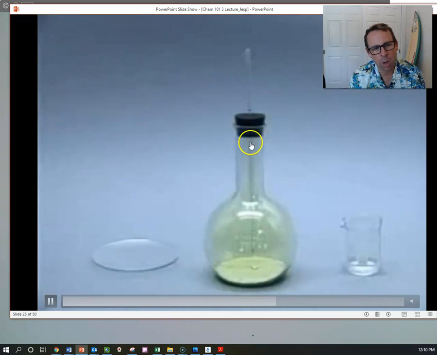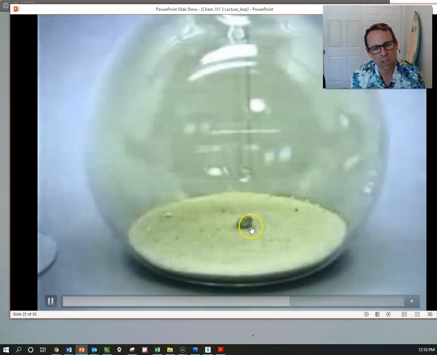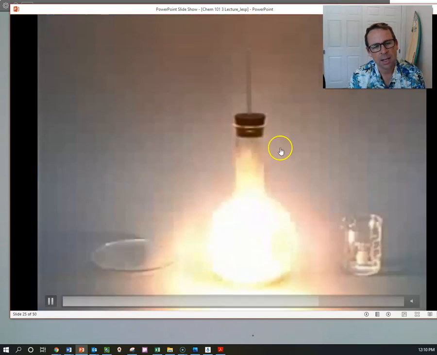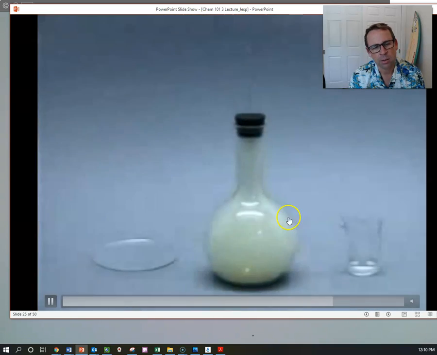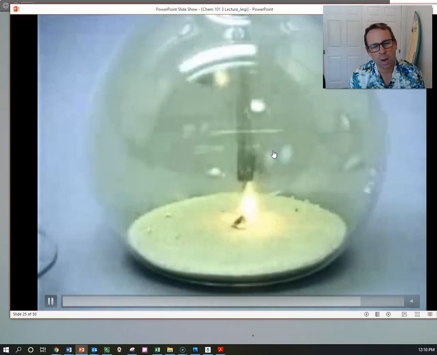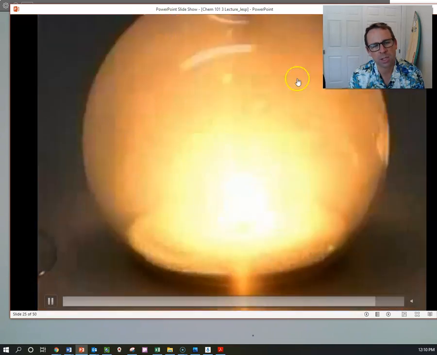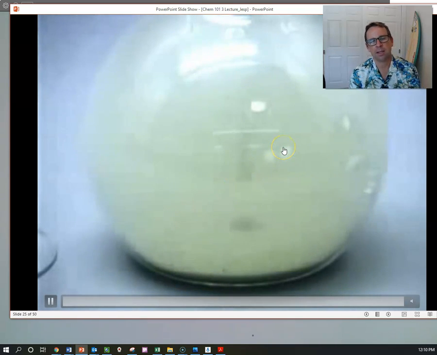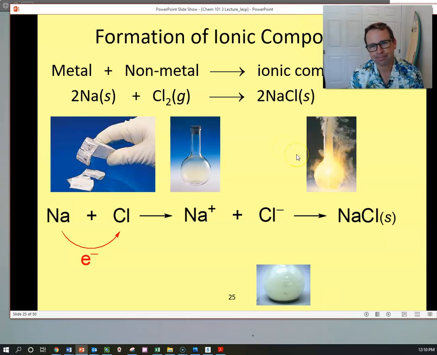But we put a little drop of water in there to help the sodium react a little bit. And when it gets hot and starts reacting, then it can encompass the chlorine, give its electrons to the chlorine, and the result is a hazy white smoke. It's a solid in particulate form, and that is our sodium chloride. All right?